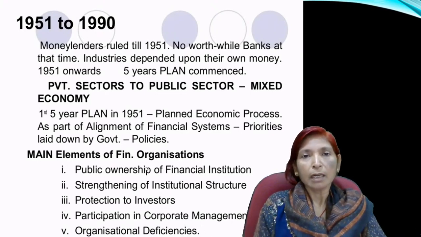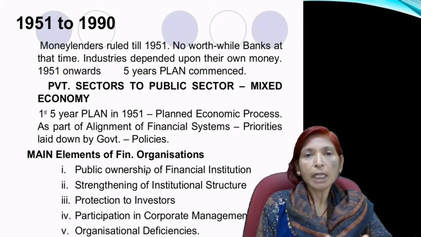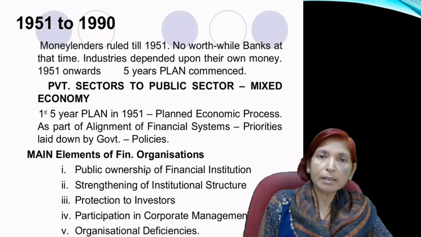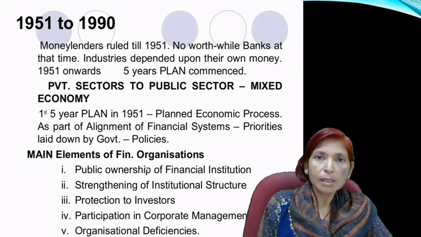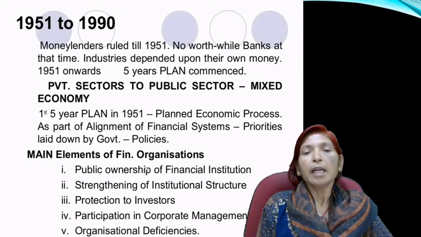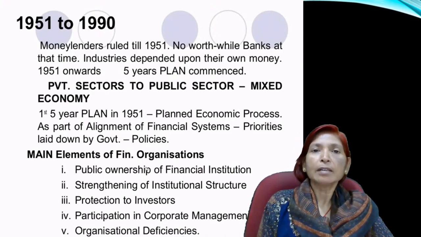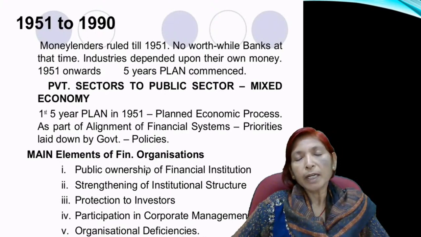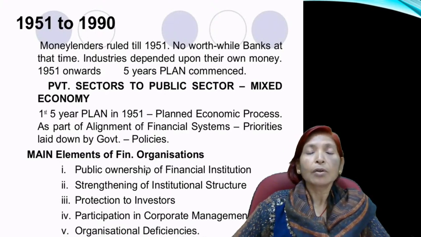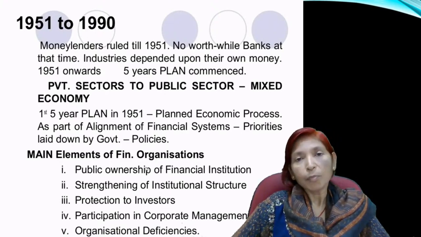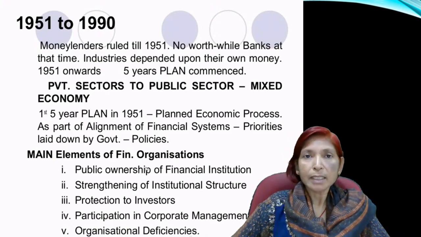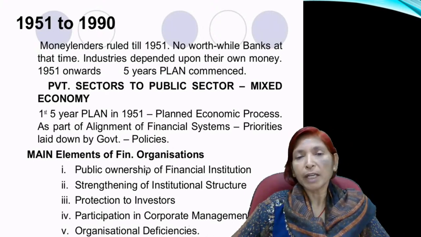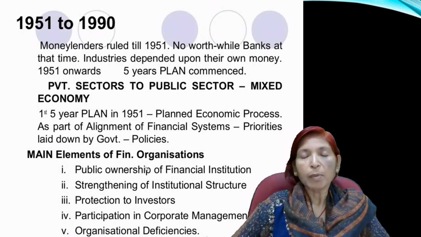But in India, there is not an equal proportion of private sector and public sector role. Before independence, the private sector role was very important. After independence, the public sector role was very important. But at present, again the private sector plays a very important role and the public sector role is less in the present time period.